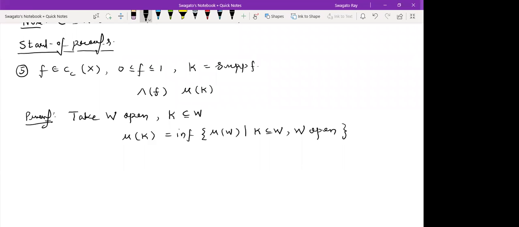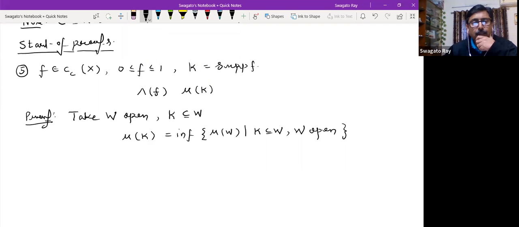Yes, sir. Okay. Now, what do we have? That means the support of f is sitting inside W. So the measure of W has been defined as the supremum of λf of all such f's. So this implies λf must be less than or equal to μ(W). Again, the definition of any open set.